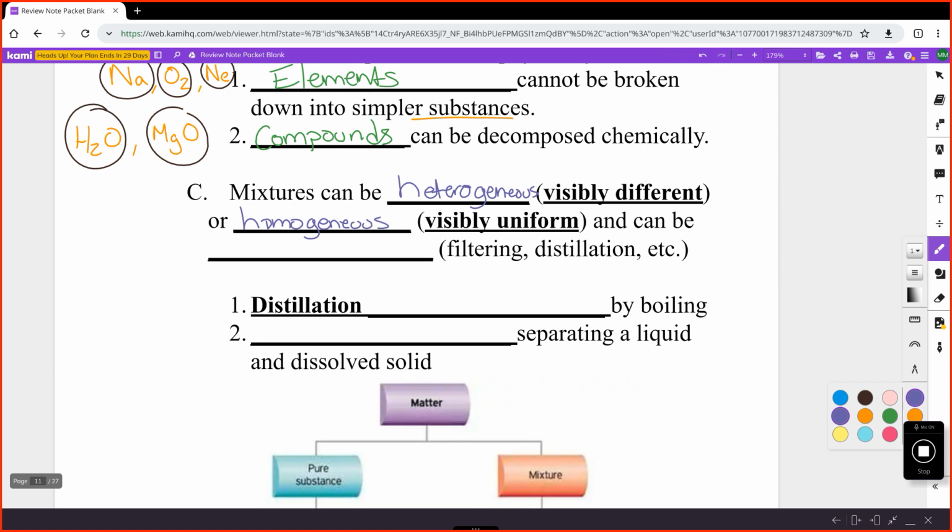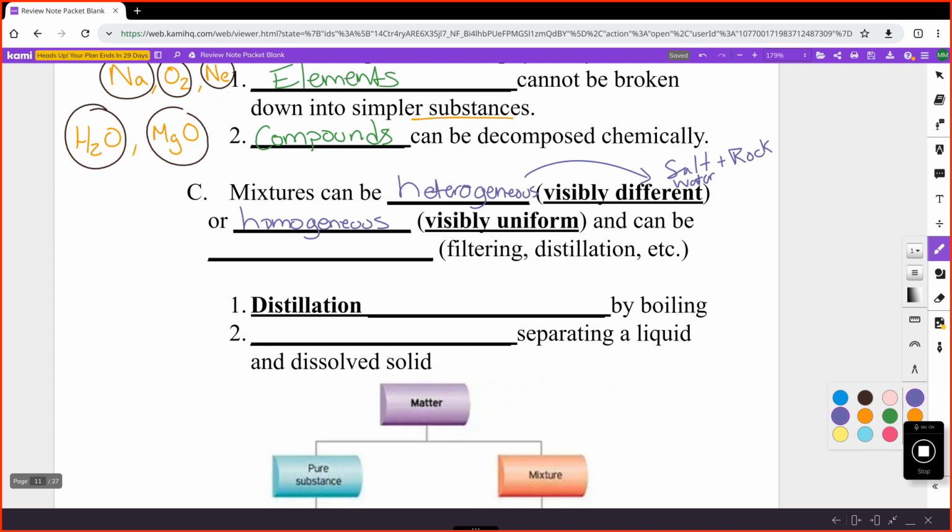And the difference between them is what they look like. A heterogeneous mixture, it looks different. Right? You can see the different things that make up this mixture, like salt and rocks. You can actually see the rock in the salt. Or even salt water and rock is a heterogeneous mixture. You can see the salt water and you can see the rock.